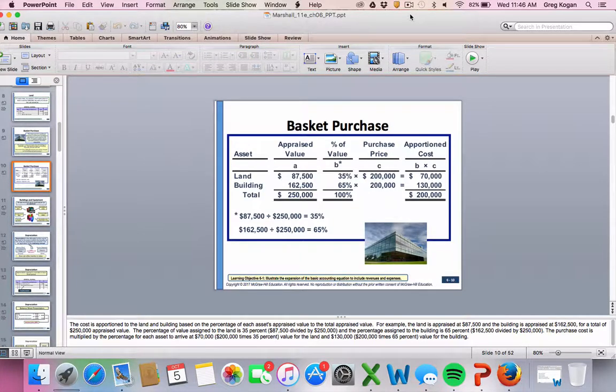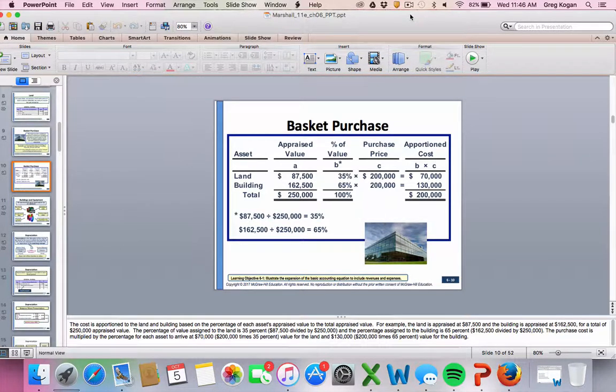Now, first of all, when we buy something, what kind of journal entry do we enter? When we buy something, we allocate cost to whatever it is that we're buying at the purchase price. So here we're seeing we bought land and building, and we're allocating the purchase price according to a percentage.